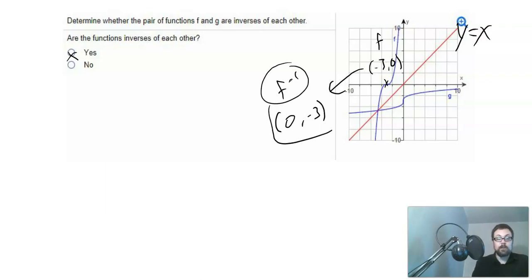So the inverse function should have this point on it. And it does, it has this point right here. So when I rotate it around this diagonal line, this point ends up here. And we could check other points as well. So another way to tell if two graphs are inverses is to look at points on one graph, flip the x and y coordinates around, and see if those points show up on the other graph. If they do, then the graphs appear to be inverses of each other.